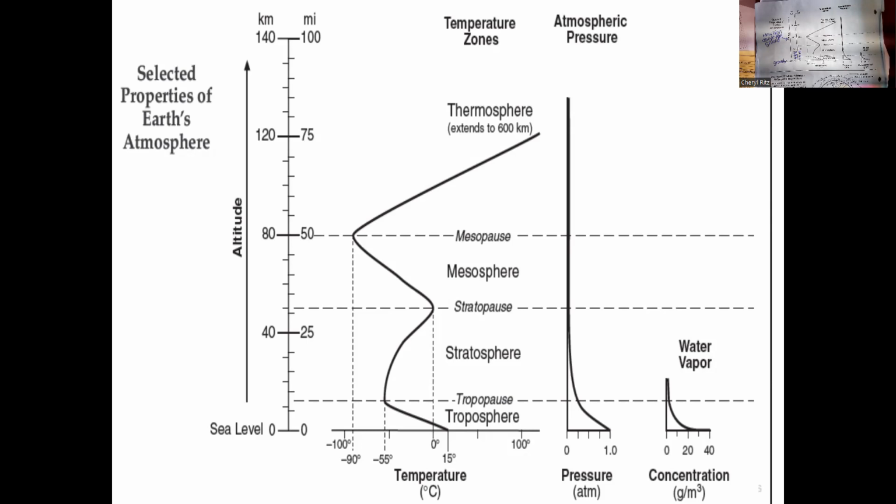In the troposphere, we go from 15 to -55, so we get colder. What happens as soon as you hit that dotted line? What starts to happen with the temperature? Starting to get warmer. Let's label that. Here, it's colder. Here, it's getting warmer.